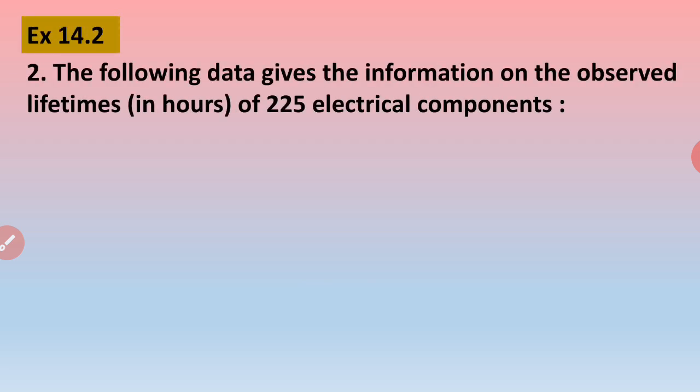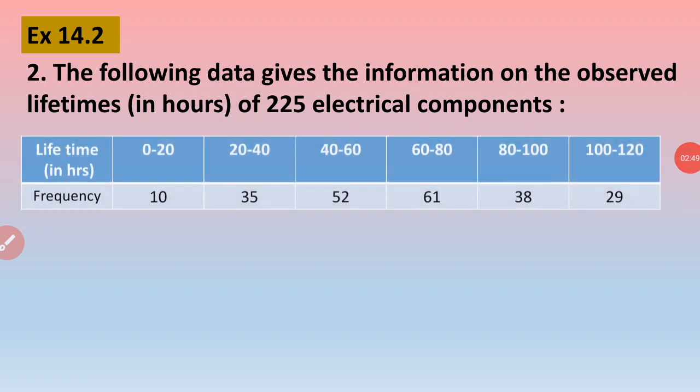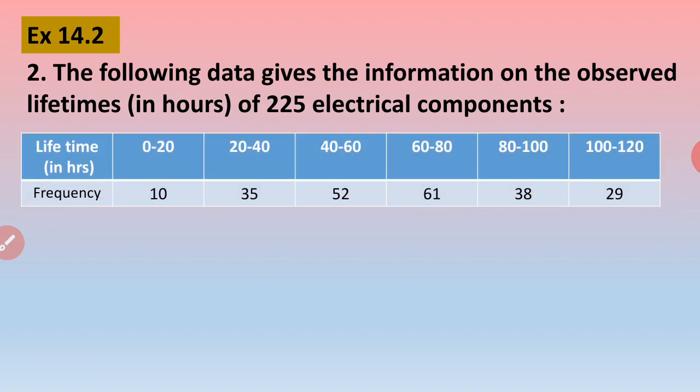Here we have considered few examples because the others are all similar to each other. Question number 2. The following data gives the information on the observed lifetime in hours of 225 electrical components. Now, this is the data which is given.